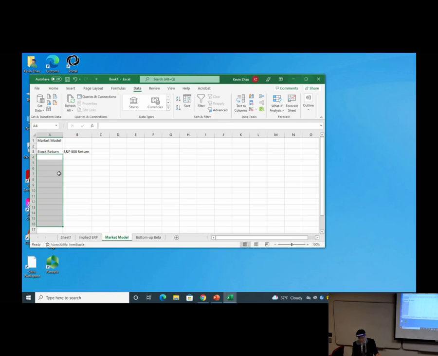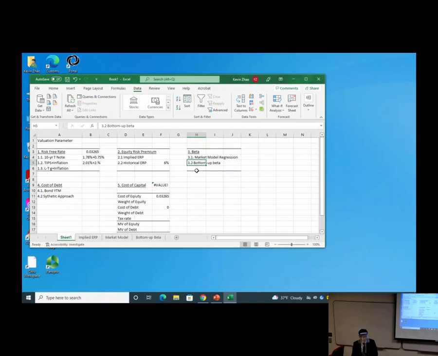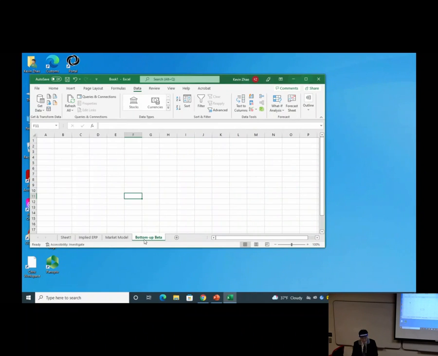So it's better to go a little bit further and look at this bottom-up beta as well, in addition to this market beta, the beta from your market model regression. It will take a lot of work to do this bottom-up beta, but it will be a huge plus to get a better estimation of beta.